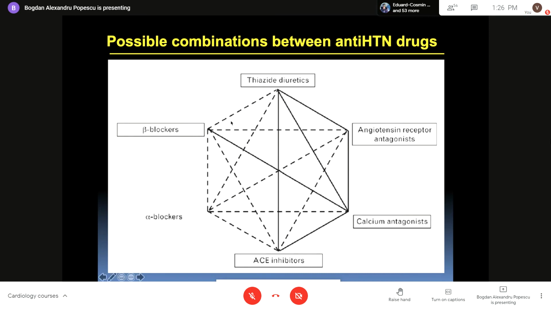The dashed lines mean that those combinations you would rather prefer to avoid, either because they have a similar side effect or because they act through the same mechanism. So when you use a combination of drugs, you usually try to select drugs that act through different mechanisms so that you can be more effective in your overall treatment.